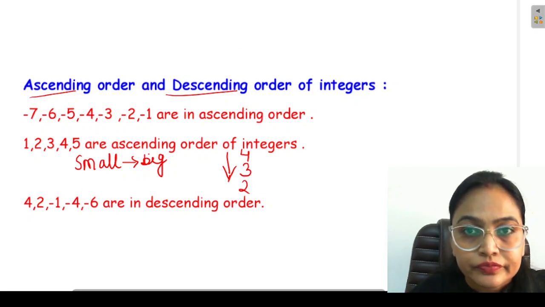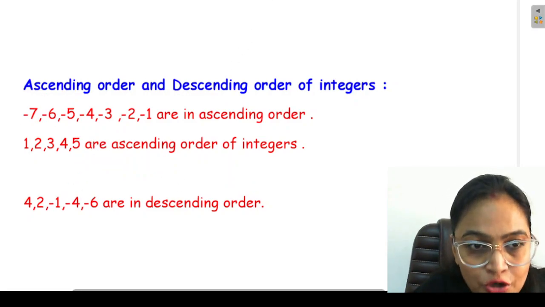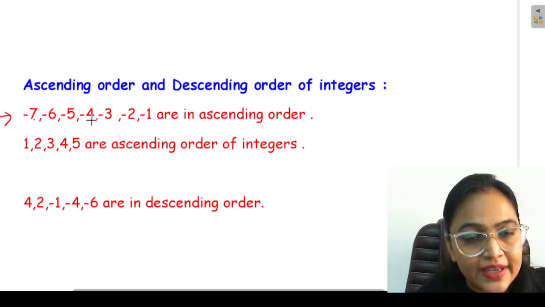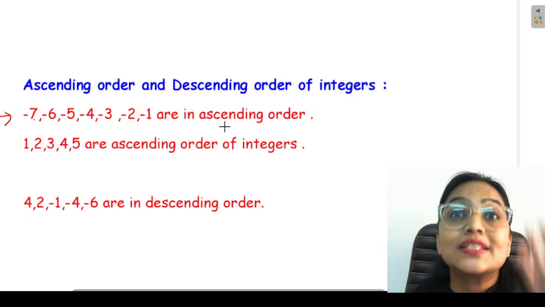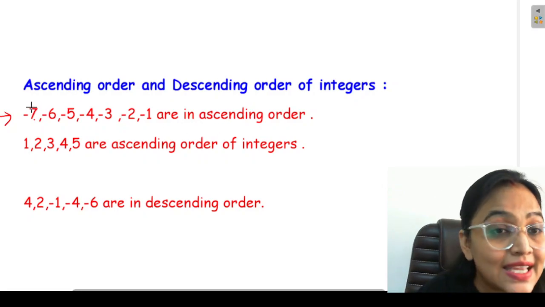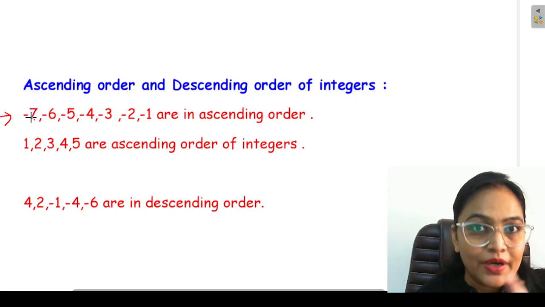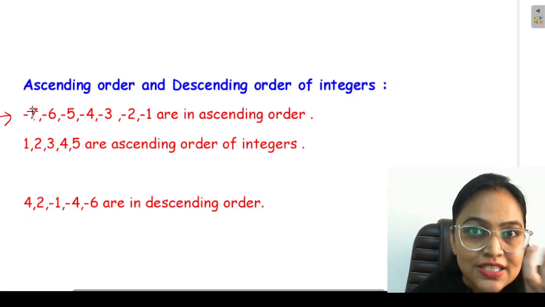Okay. Now if we talk about this, that is -7, -6, -5, -4, these are arranged in ascending order. Why? Because as I told you, in case of negative numbers, the bigger number with a negative sign is smaller in value.